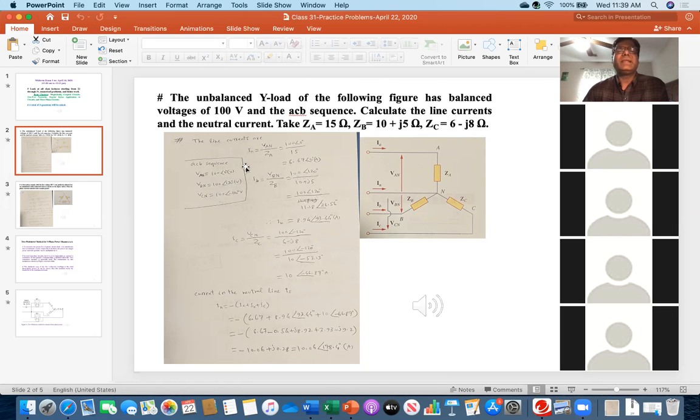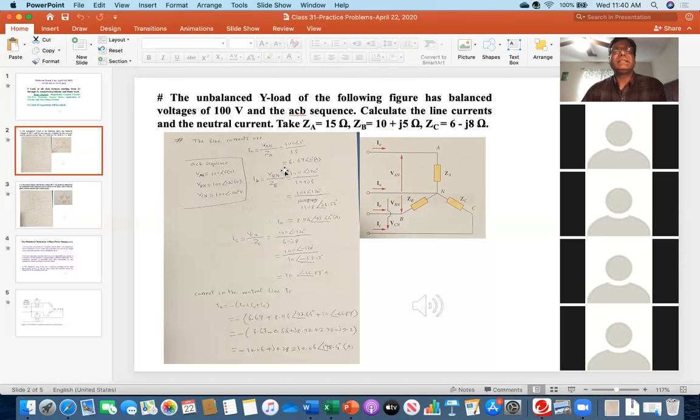Okay, and now what is the current IA? IA is this voltage across ZA divided by ZA. So just plug in those numbers. ZA value is just given, 15. So you get 6.67 angle 0 degree. Now similarly, IB and IC: VBN over ZB, VCN over ZC, that is IC.